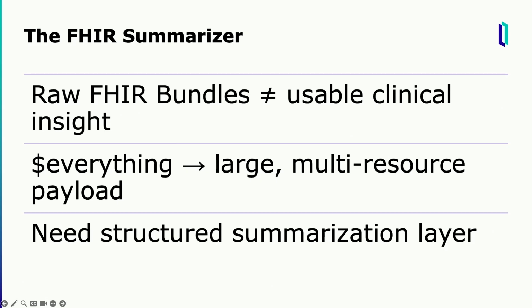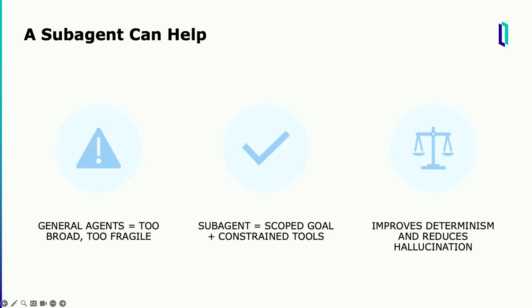It starts with raw FHIR data and ends with a structured clinical summary that's human-friendly. So what we're trying to do is take that large, verbose, machine-oriented bundle that comes back from a FHIR search into a clinically legible and LLM-friendly narrative. The summarizer turns out to be a great use case for creating what's called a sub-agent.